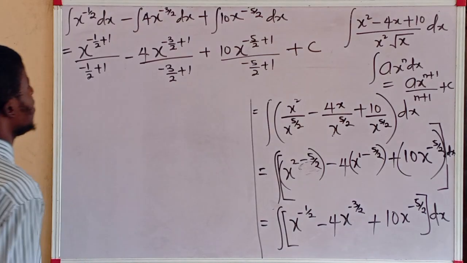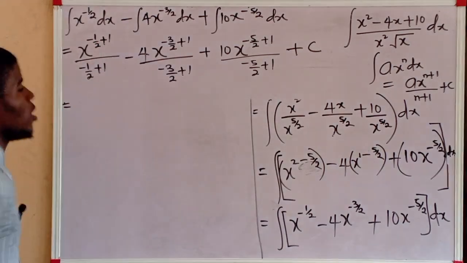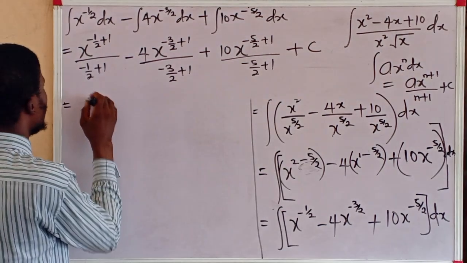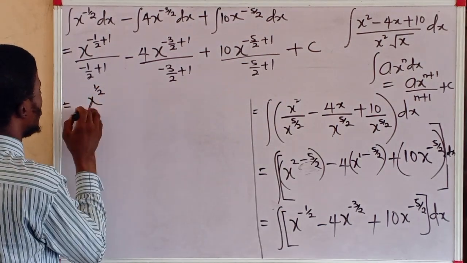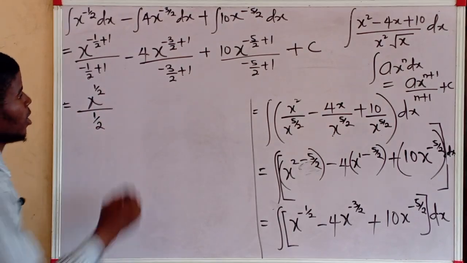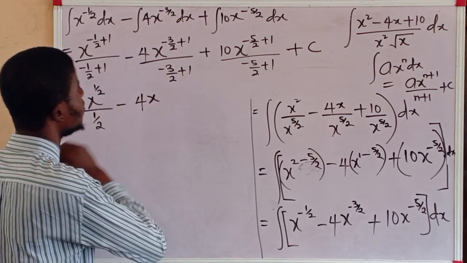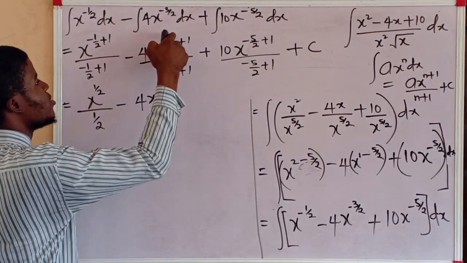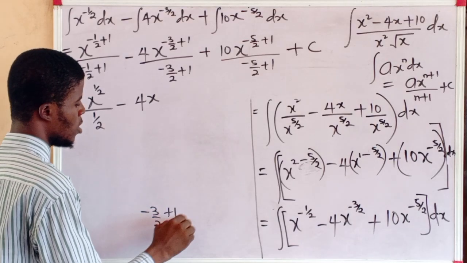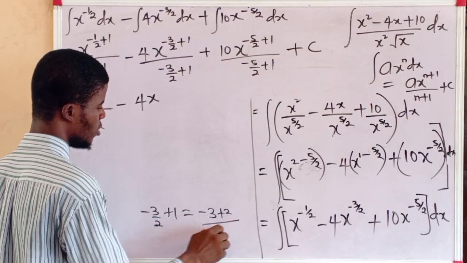So we can now simplify. What is minus half plus 1? Minus half plus 1 is 1 half. So we have x to the power of 1 half divided by 1 over 2. Then minus 4x to the power of, what is minus 3 over 2 plus 1? 2 times 1 is 2, so minus 3 plus 2 all over 2.